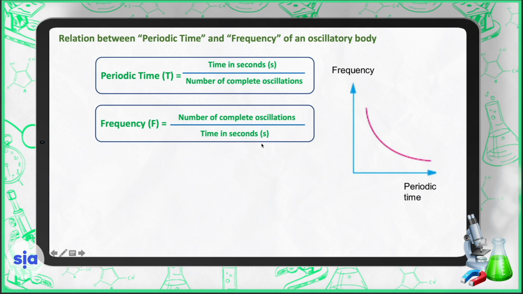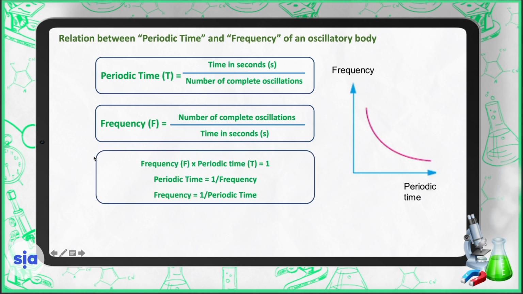So, can you notice that they are the opposite to each other? So therefore, the frequency times periodic time equals 1. And periodic time equals 1 divided by frequency, and frequency equals 1 divided by periodic time. So that's why the relation is inversely proportional.